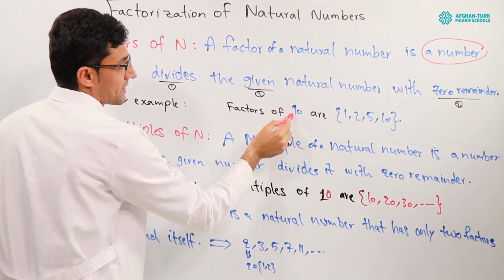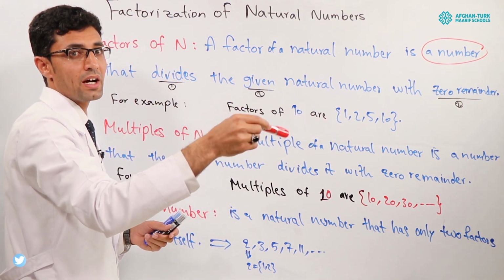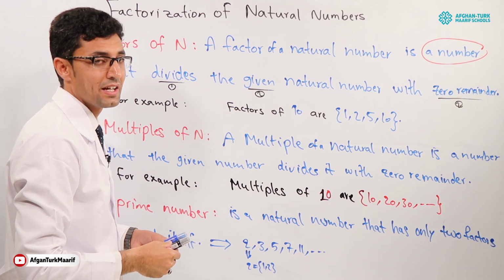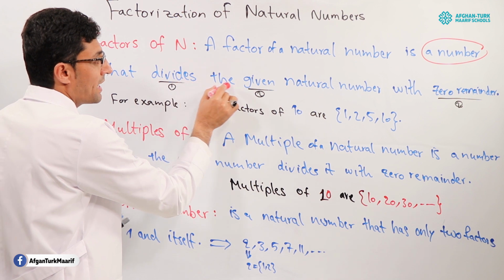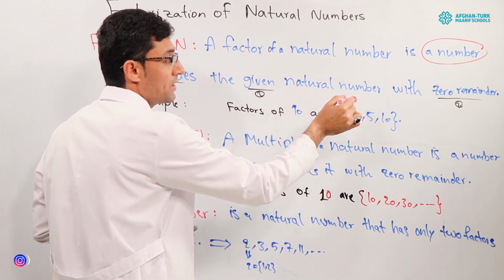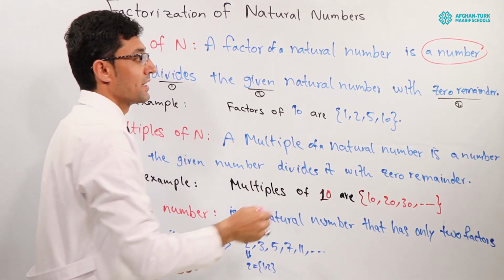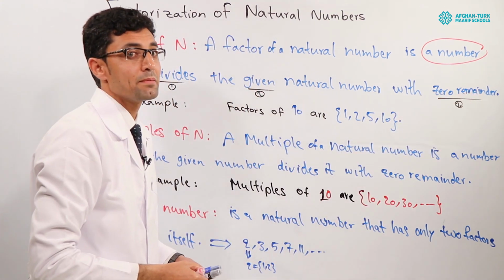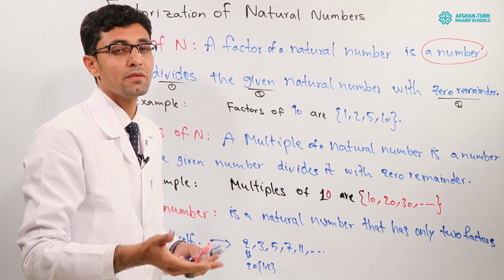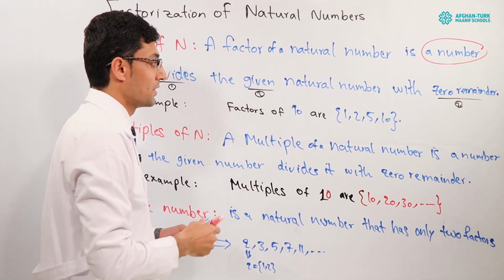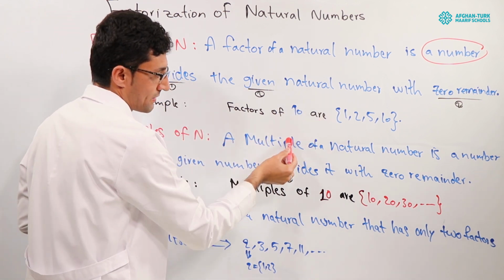Example: 10 divided by 1 is how much? 10. 10 divided by 2 is how much? 5. It divides the given natural number with, this is very important, 0 remainder. It means the remainder should not be 1 or 4. It should be 0.